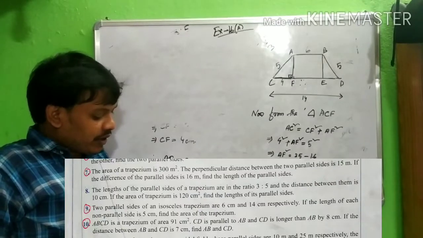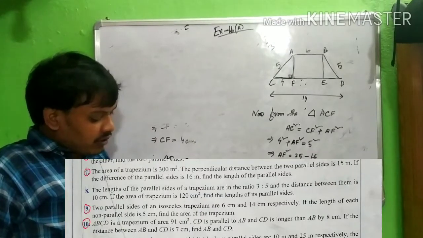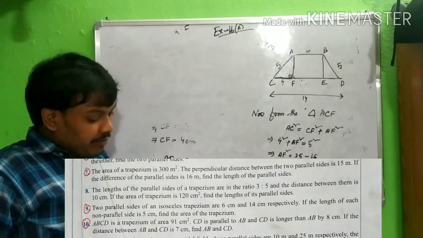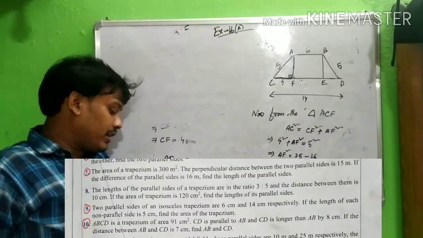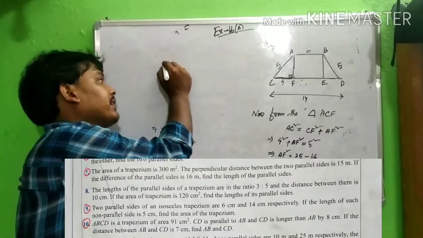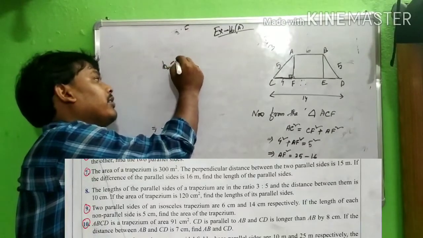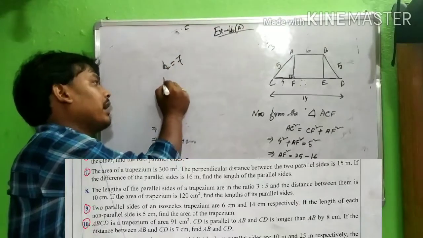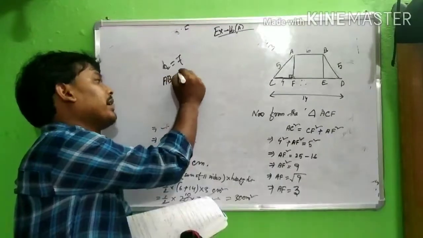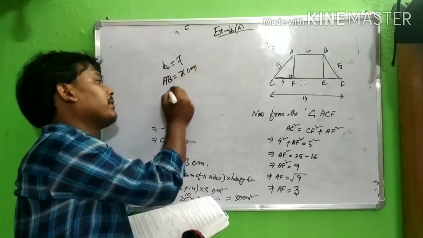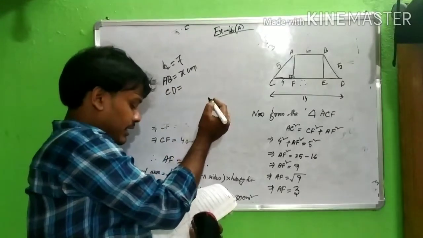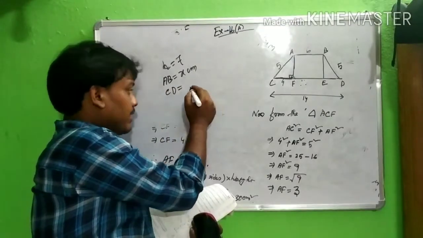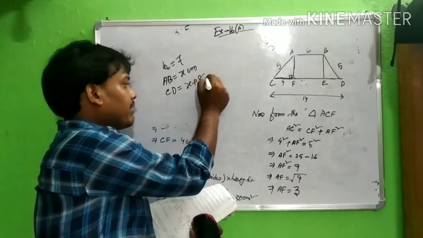CD is parallel to AB and CD is longer than AB by 8 centimeter. The distance between them, height, is given as 7. Let AB equal x centimeter, then CD equals x plus 8 centimeter.